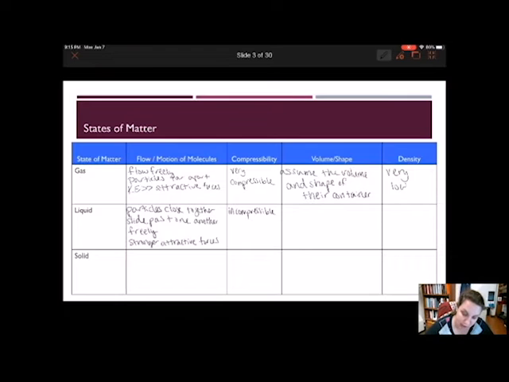They cannot assume the volume of their container. Particles, again, are very close together, so we've got our mass term increasing for our volume, so we have a high density.